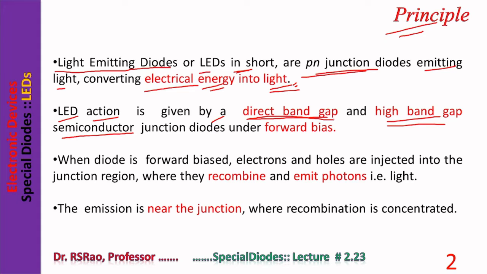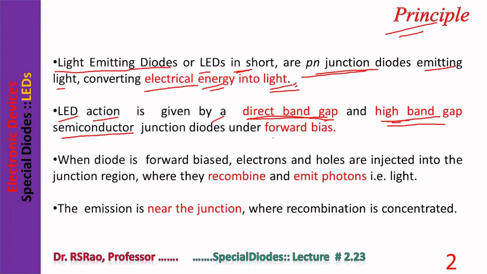Two types of semiconductors are there: direct band gap and indirect band gap. Silicon belongs to indirect band gap material. So you cannot find LED action in silicon diodes. So it must be a direct band gap semiconductor and the band gap must be large.